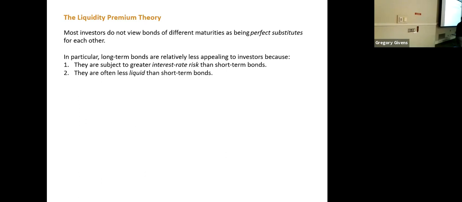The other reason why short-term bonds are marginally preferred to long-term bonds, so that they're not perfect substitutes, is that longer-term assets are generally less liquid than short-term assets. The market for 3-month US Treasury bills, for instance, is enormous. It's probably measured in trillions of dollars, all right?